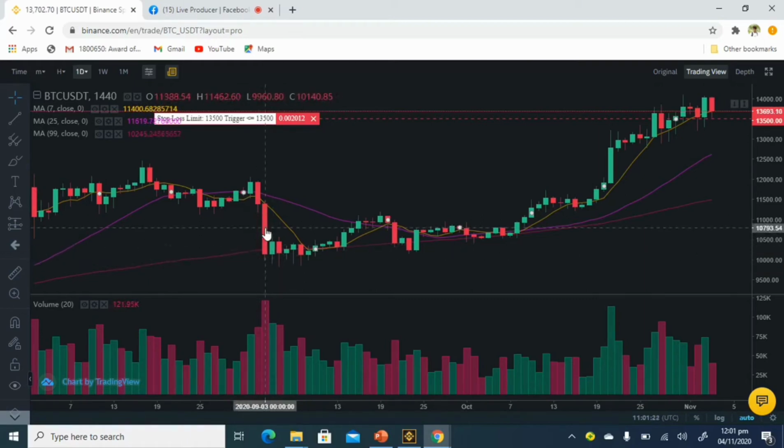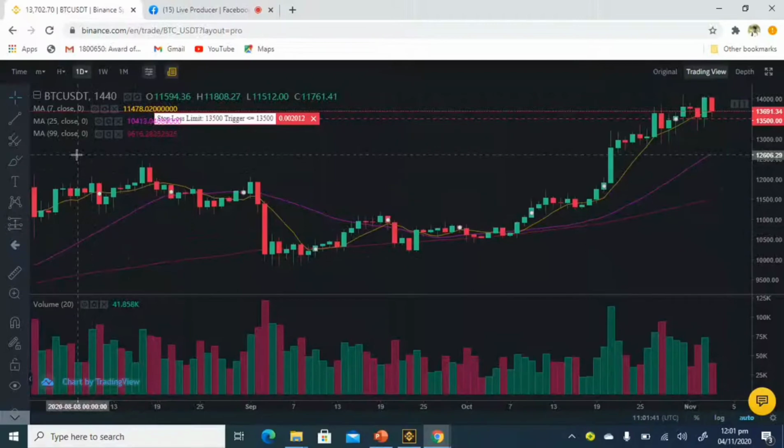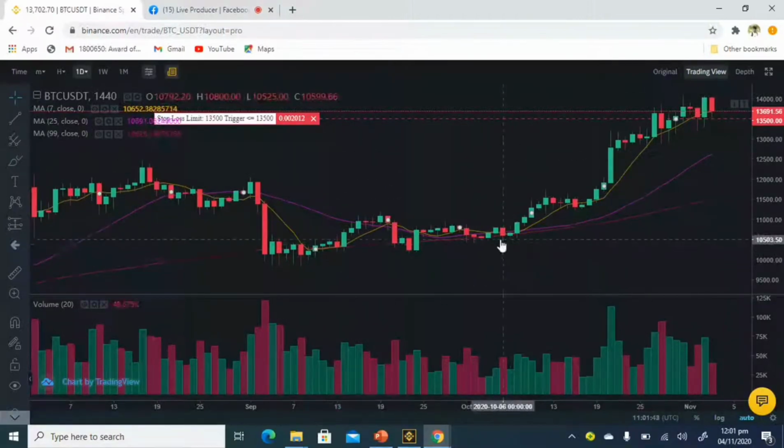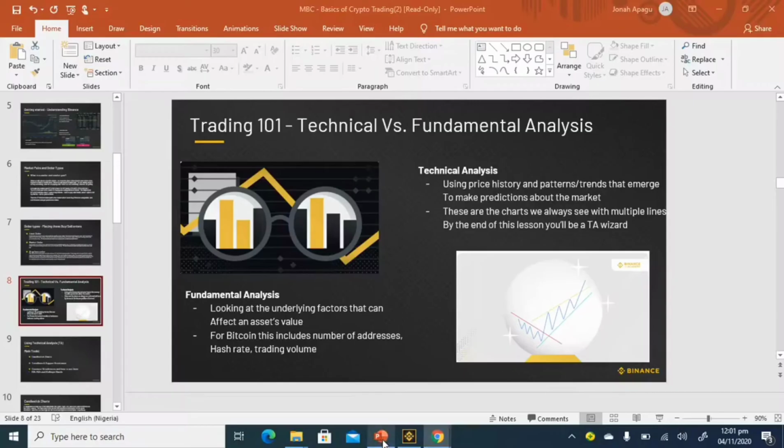So that's basically the information you can get from a single candlestick. You can get the open price of that asset, the closing price, the highest price within that frame, and the lowest price within that frame. And you can see the green candles here represent upward movement of price, the red candles represent downward movements of price. I believe that is clear about the candlesticks.